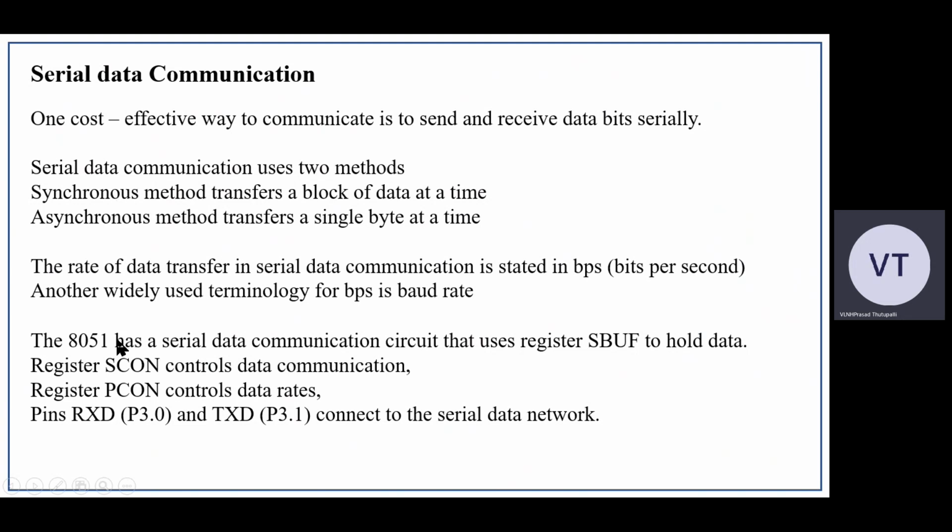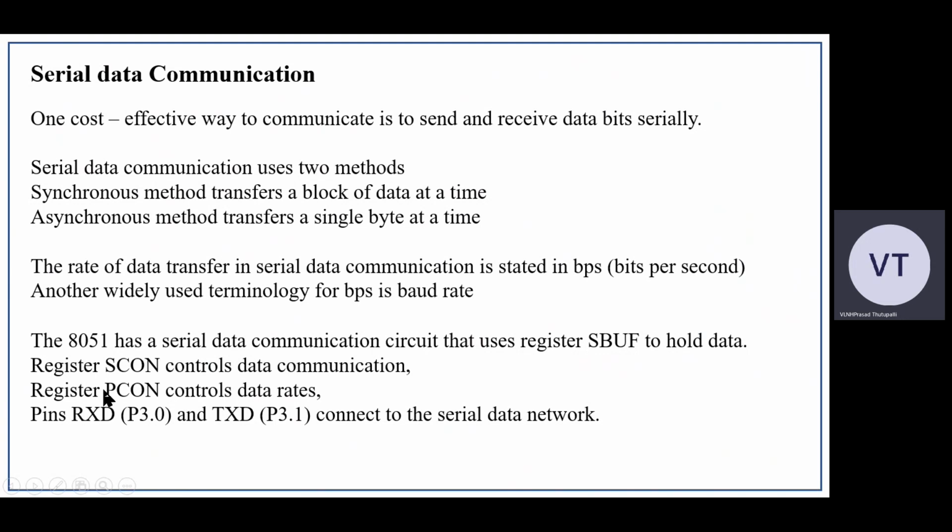In transmitting the data, the microcontroller uses two registers: the SBUF register and the SCON register, and maybe the PCON register. SBUF is the serial buffer register, and SCON is the serial control register. If you want to start or stop the serial communication, that is possible with SCON. Whatever comes inside the microcontroller will go into the SBUF register, and whatever you want to send to the outside world will go from the SBUF register to the outside world.